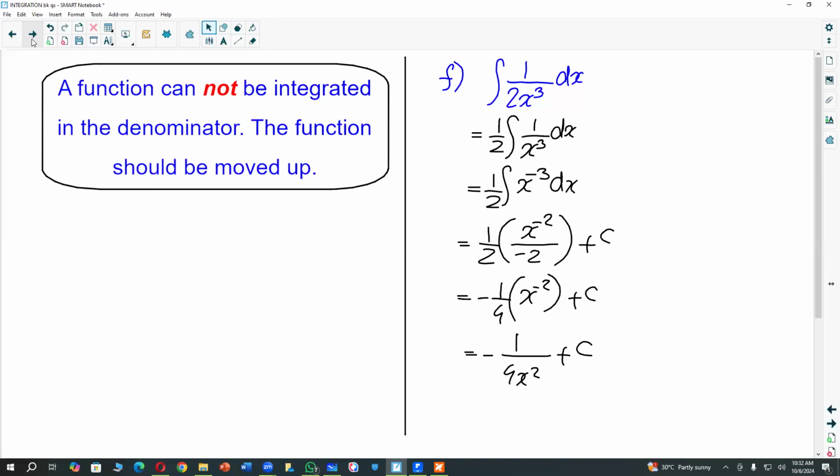This is a formal thing. Once you get the concept that coefficients are not differentiated, so coefficients are not integrated. Taking it out is a formal thing, but you know that it's not going to take part in integration. That's all. Otherwise, taking it out or not, it's not important. The important thing is that the denominator 2 will remain as 2.